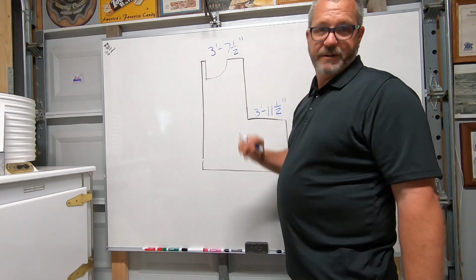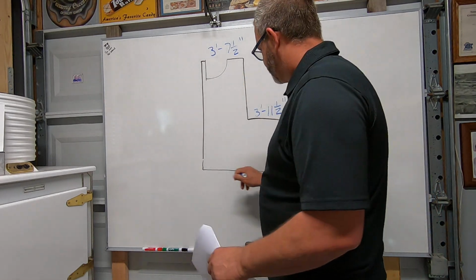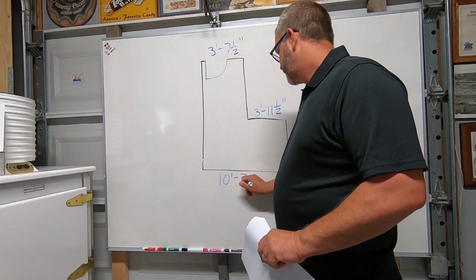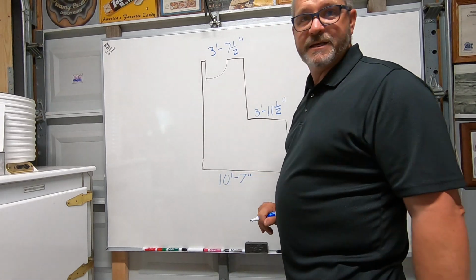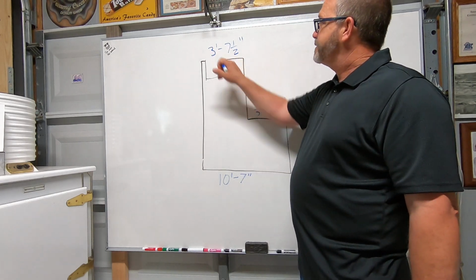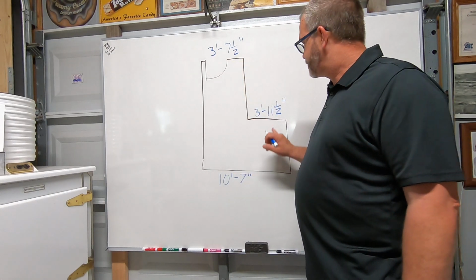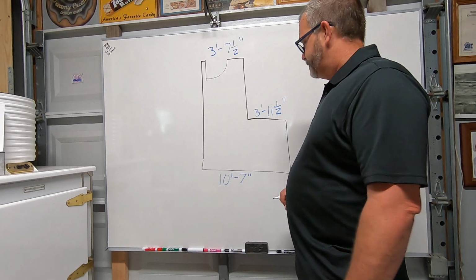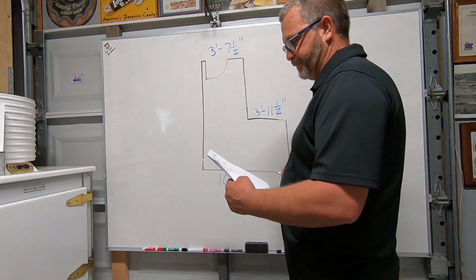I'm going to show you where I got that one in a second. This one down here, 10 feet 7 inches. So how I got this was I took the 10 feet 7 inches, subtracted the 3 foot 11.5, and I got 3 foot 7.5. That's where that one comes from.